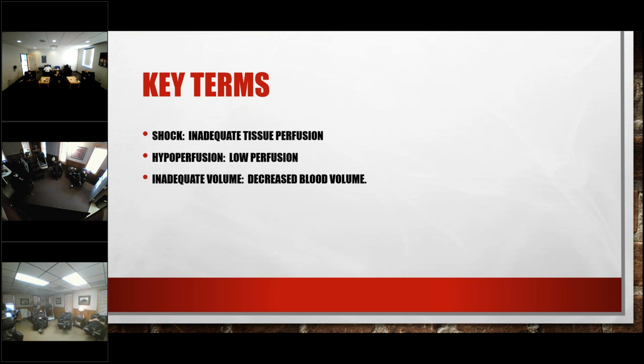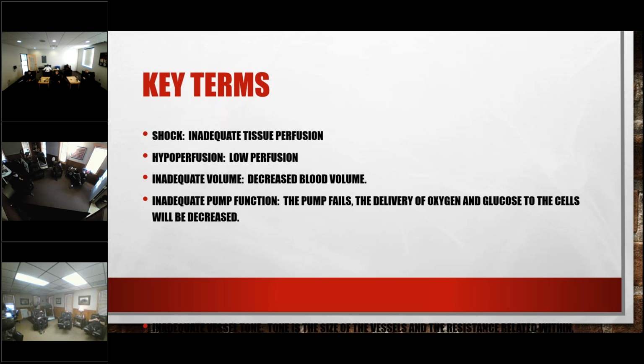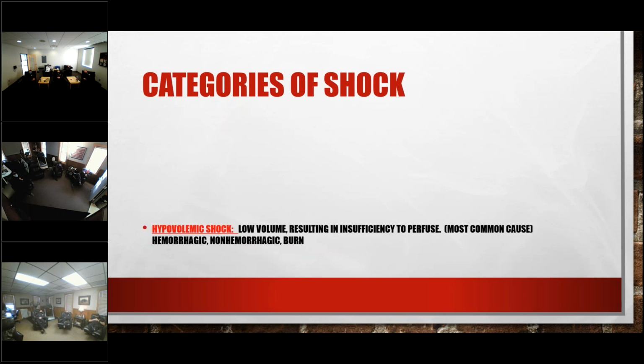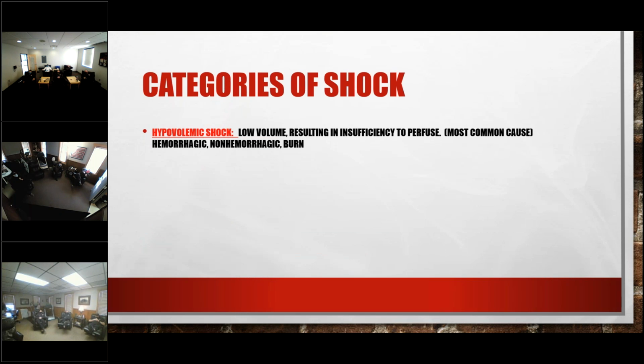So what we need in order to perfuse properly is adequate volume, adequate pump function, and adequate vessel tone. These three things need to be working synergistically with each other, making sure that there's not an obstruction within those three communicating with each other. So our different categories of shock: hypovolemic shock, where we have low volume.